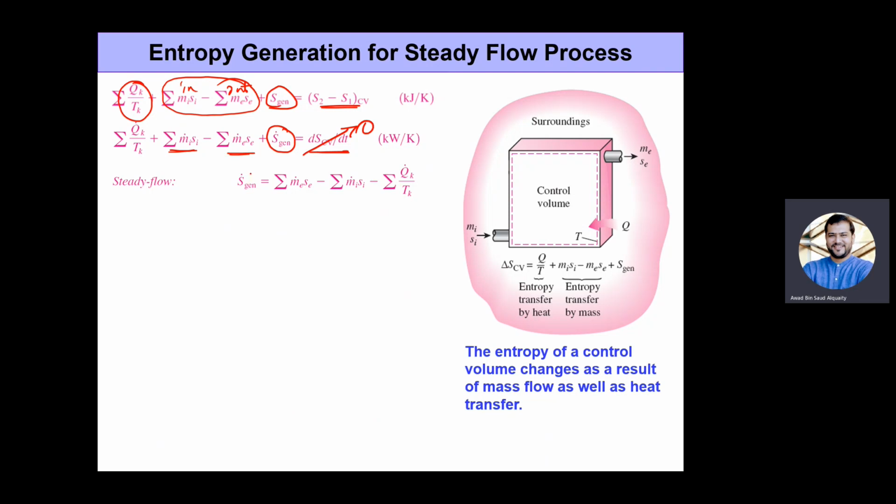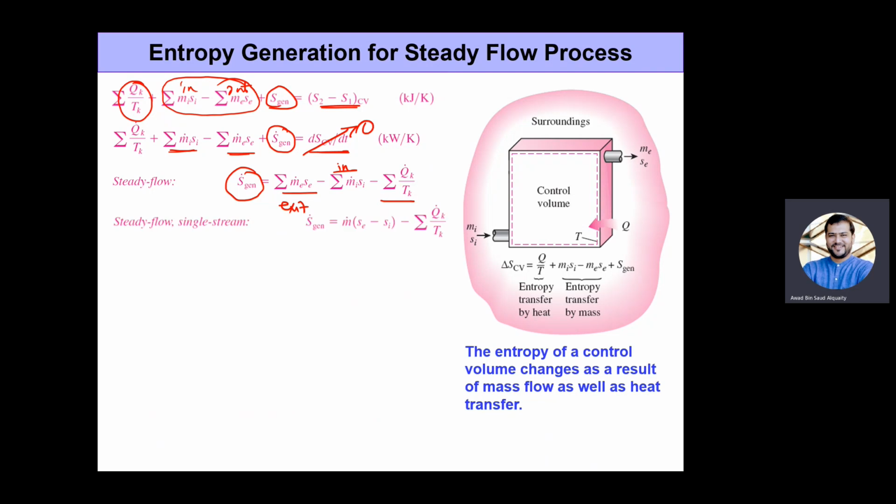Or for steady flow, we can say that the entropy generation should be equal to the mass times the entropy that is exiting the system minus mass times the entropy that is coming into the system minus the entropy that's coming into the system through heat transfers. All right. So this is how we would calculate the entropy generation for a steady state, steady flow system.